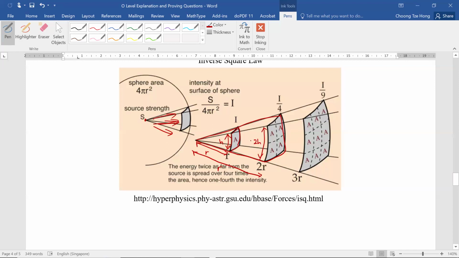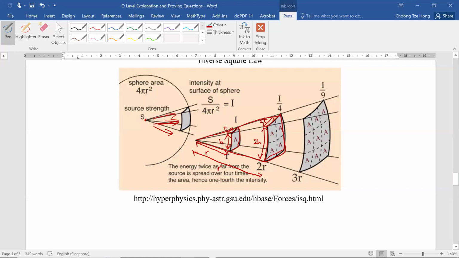Not only will the h double, the thickness over here, let's call this t, is also going to double. So if the height doubles, the t also doubles. Basically, the area that the radiation spreads over is going to be 4 times as big. Originally it's just a, which is h times t. But now we have 2h times 2t, so it becomes 4ht.